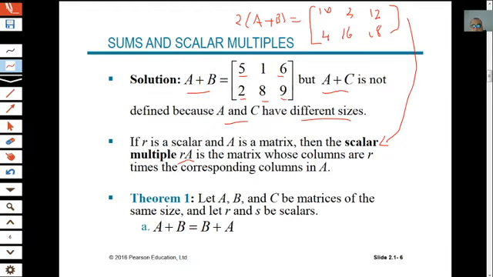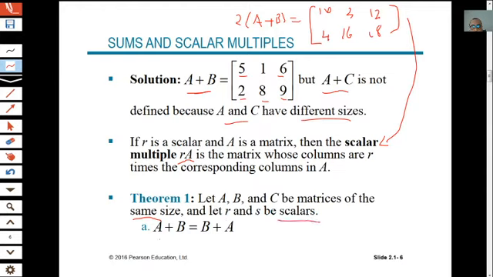After understanding the definitions of addition of two matrices and the scalar multiplication of a matrix by a number, we have some basic properties for them. Let A, B, and C be matrices of the same size. Let r and s be scalars, namely numbers.